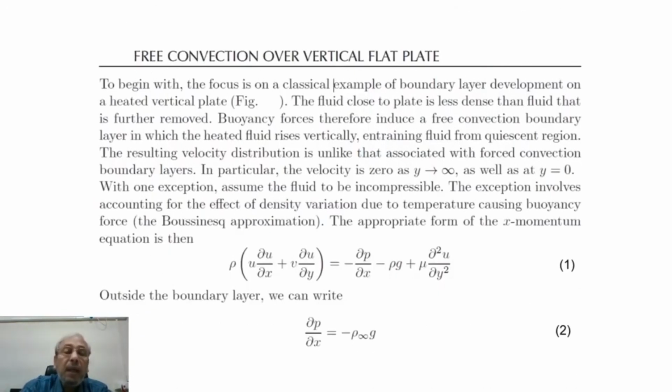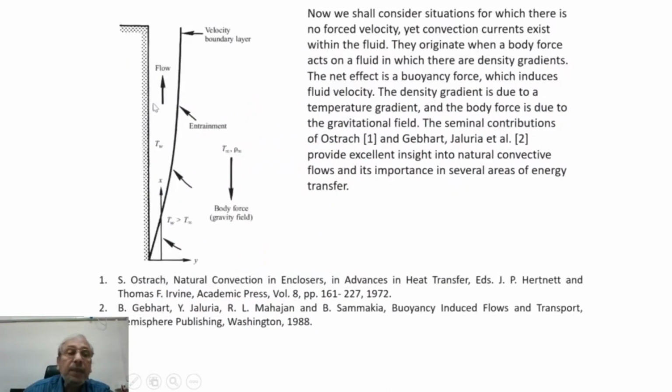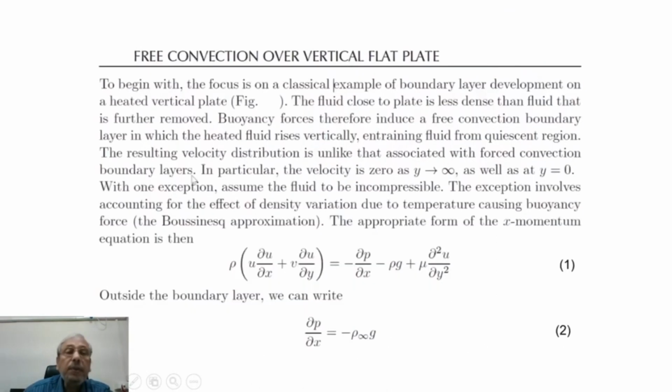So we will typically focus on a heated plate, a heated vertical plate. To begin with, the focus is on a classical example of boundary layer development on a heated vertical plate. In the previous picture we have shown it also.